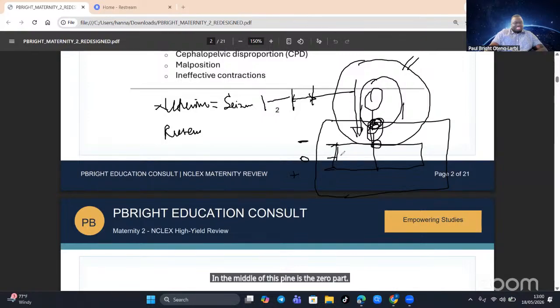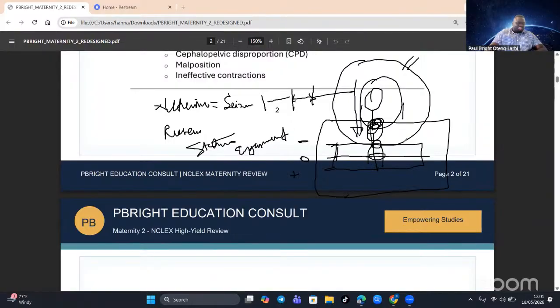When it starts entering into the ischial spine, we call it station. But when the head gets into the zero point, we call it engagement.